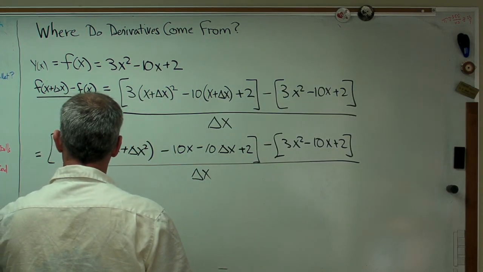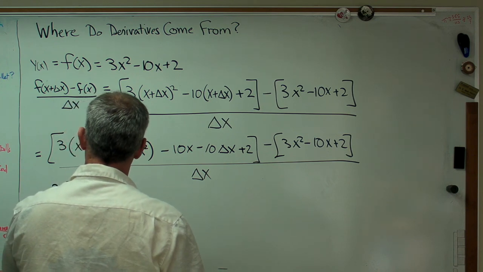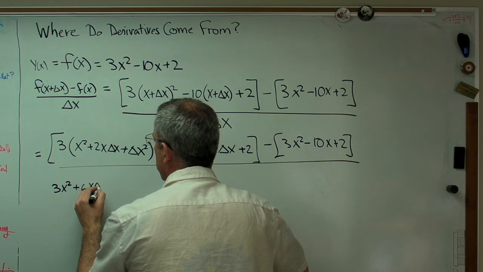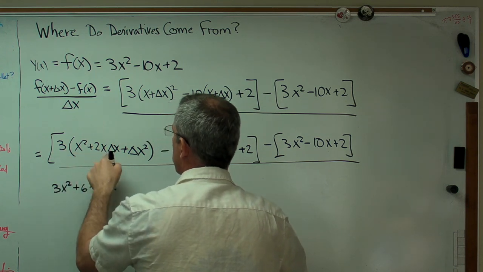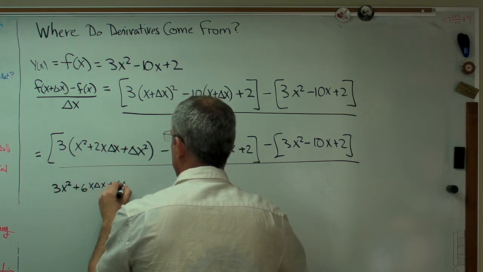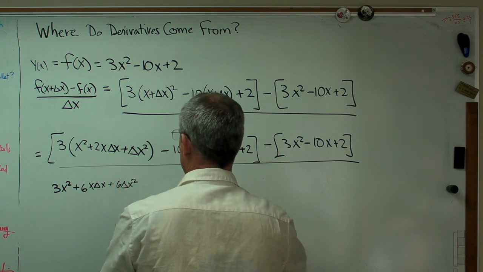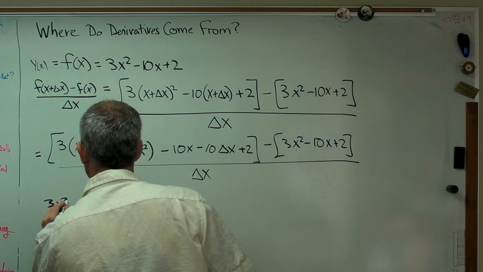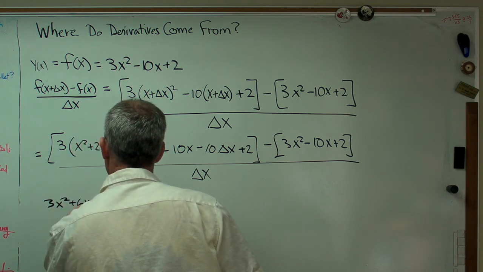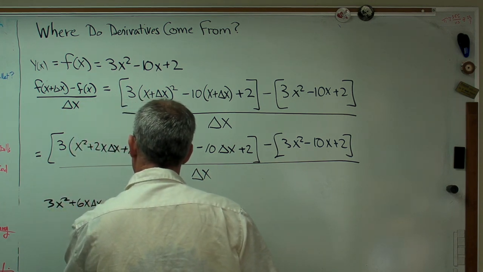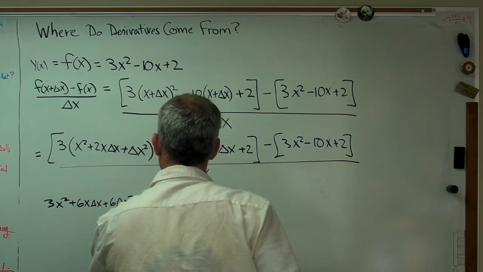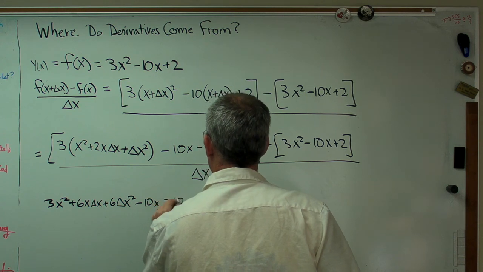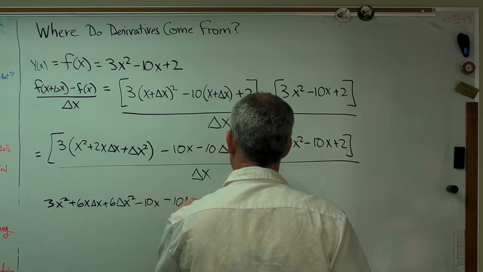Okay, 3x squared plus 6x delta x, so 3 times 2, plus 3 delta x squared. I'm running out of room. Let's try this again. 3x squared plus 6x delta x plus 3 delta x squared minus 10x minus 10 delta x plus 2.